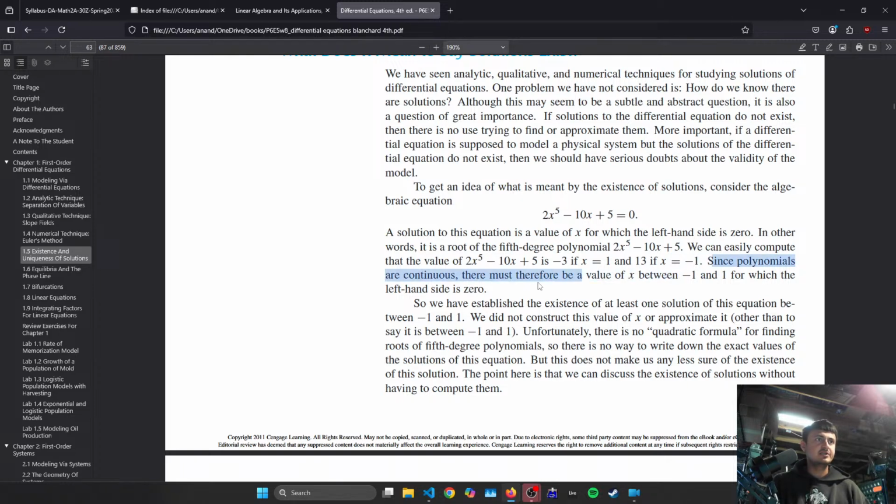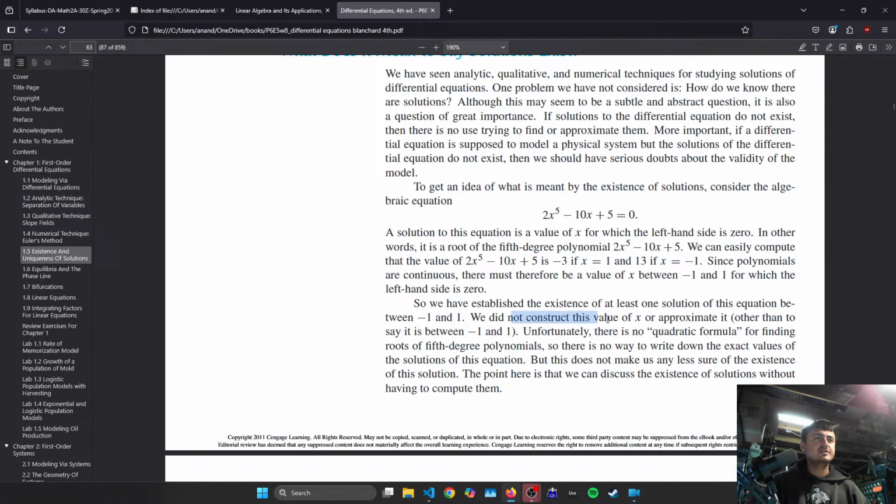Since polynomials are continuous, there must therefore be a value of x between 1 and -1 for which the left-hand side is 0. So we've established the existence of at least one solution of this equation between -1 and 1.